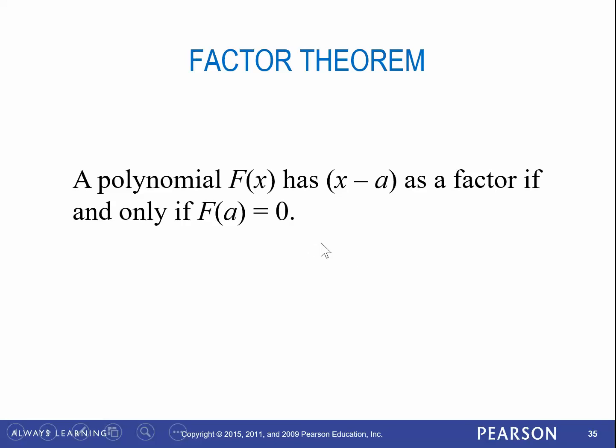Interesting. Quick example. Let's do this here. The easy one here. How about x squared plus 7x plus 12? If I were to plug in a 4 into this, negative 4 maybe.